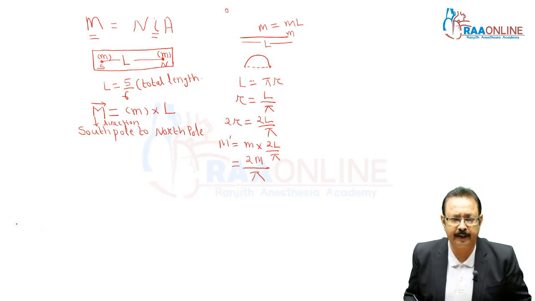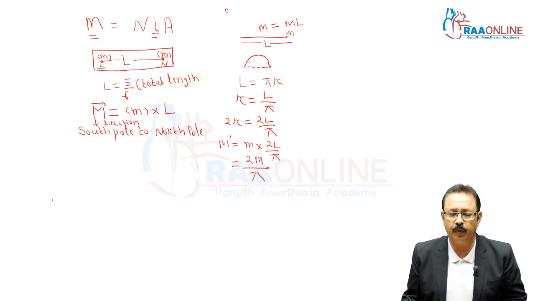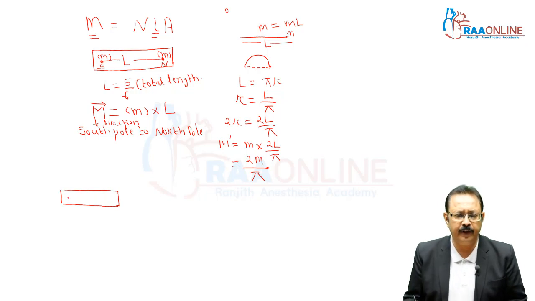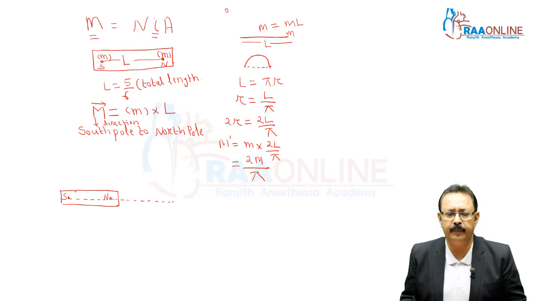Now, like an electric dipole, we can calculate the magnetic field at different positions. Results are the same. In place of P, we will write capital M. If it is a bar magnet of pole strength M and the point is on the line joining the south pole and north pole, what will happen?